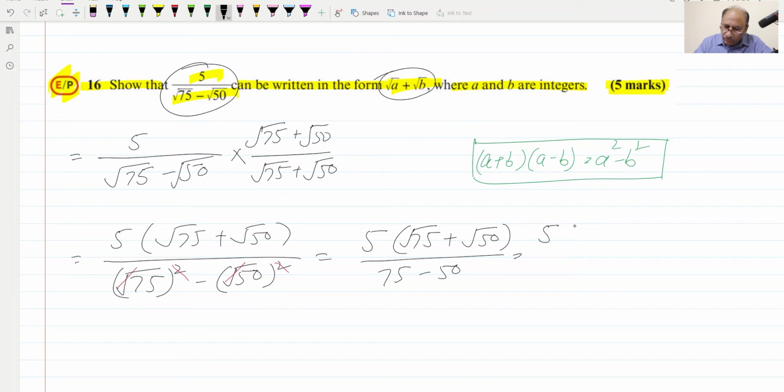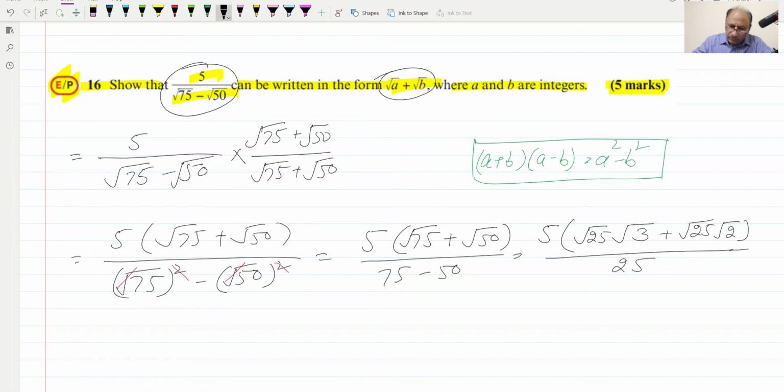And from the numerator we can write root 25 into root 3, plus root 25 into root 2, and this will be over 25.